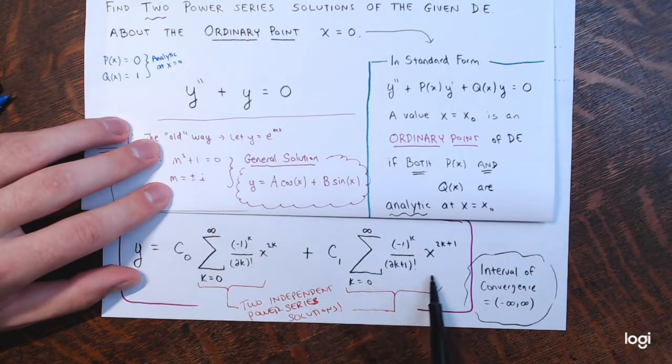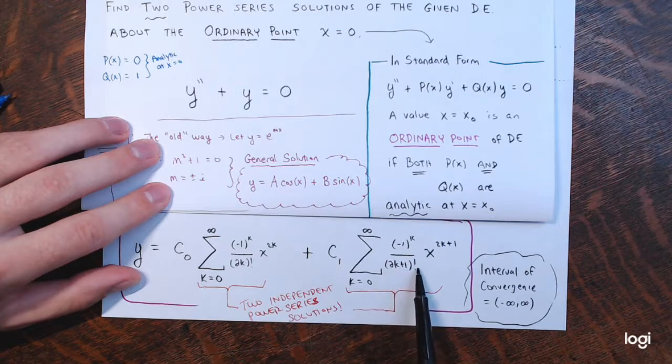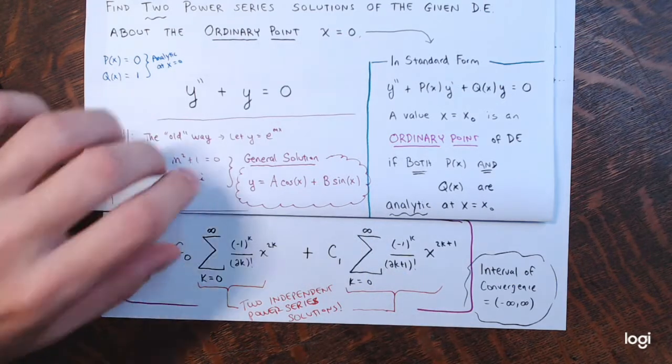And this series here, attached to the C1, the sum from k equals 0 to infinity of negative 1 to the k over 2k plus 1 factorial times x to the 2k plus 1, is the Maclaurin series, or power series centered at 0, for the sine of x. I'm hoping you recall that.